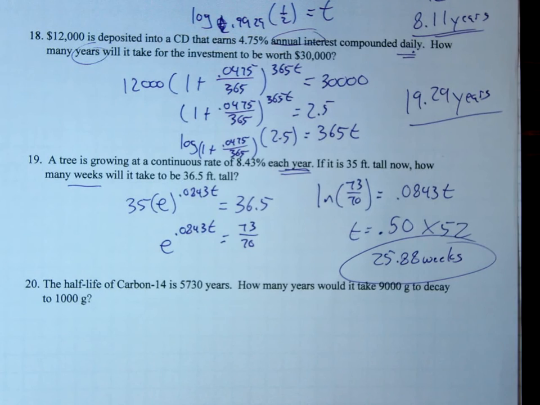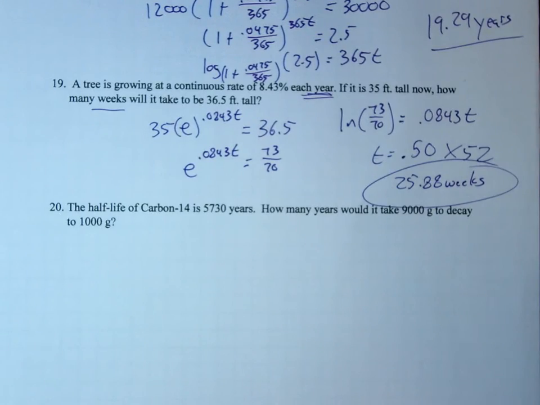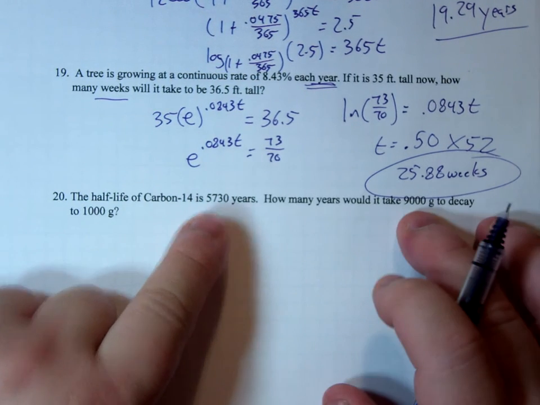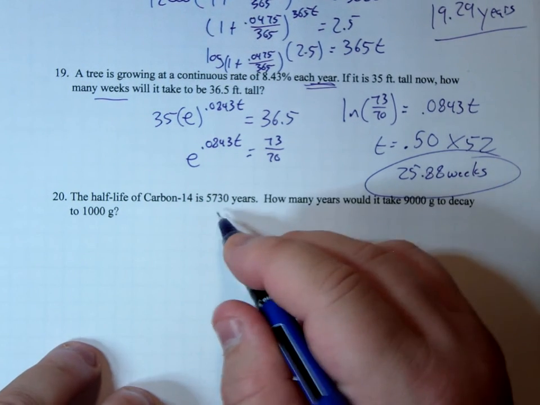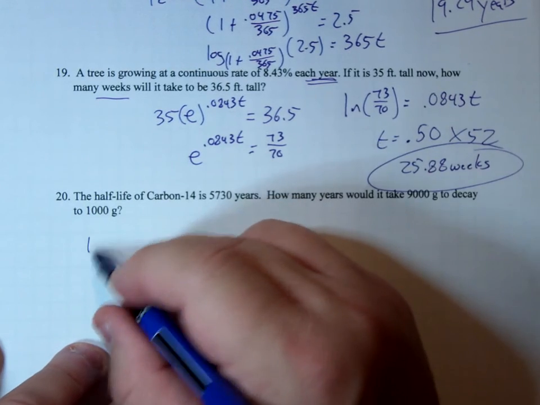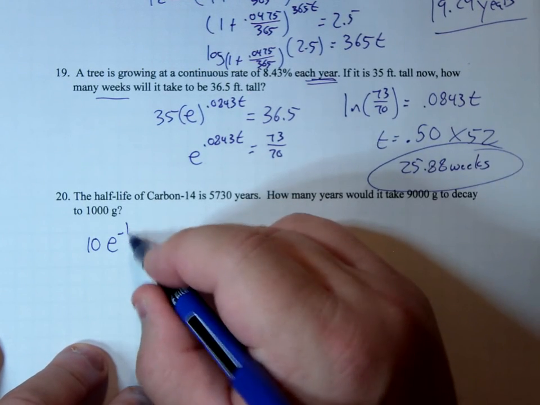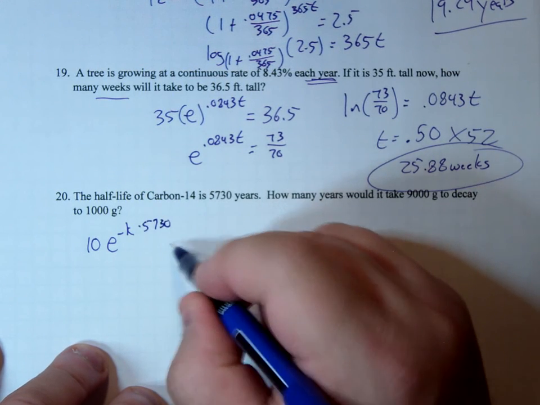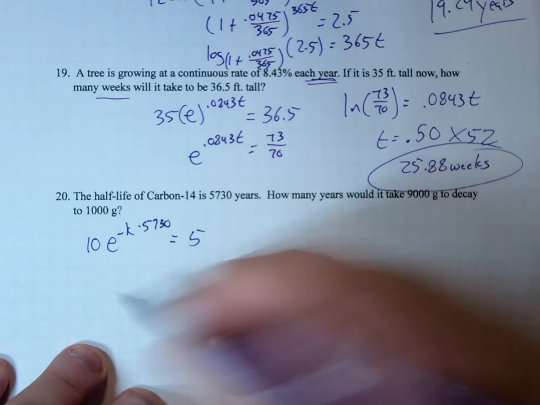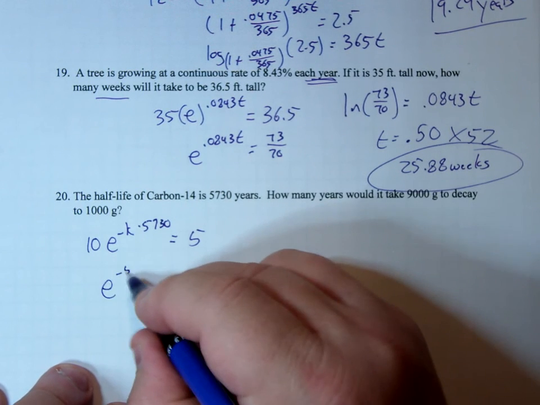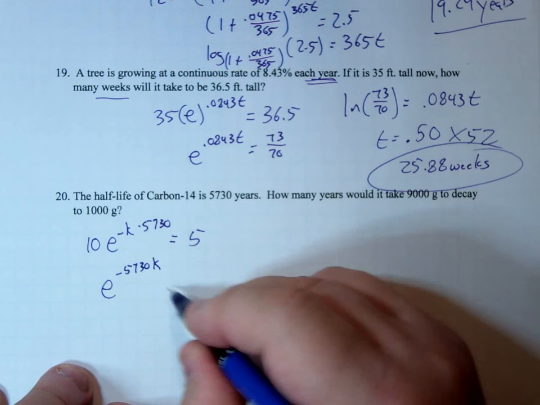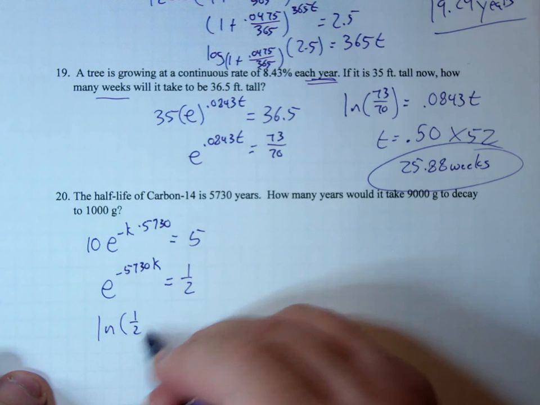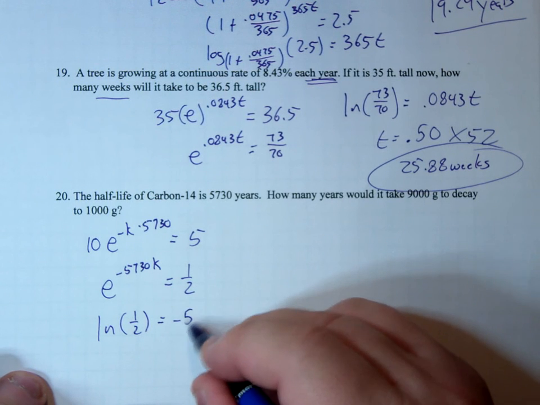Alright, last one. And this is one of those longer half-life ones. You know the half-life, but you don't know the K constant, so you have to find it first. So it was started at 10 times your half-life is 5730. When would it reach 5? So e to the negative 5730k would equal a half. So the natural log of 1/2 would equal negative 5730k.